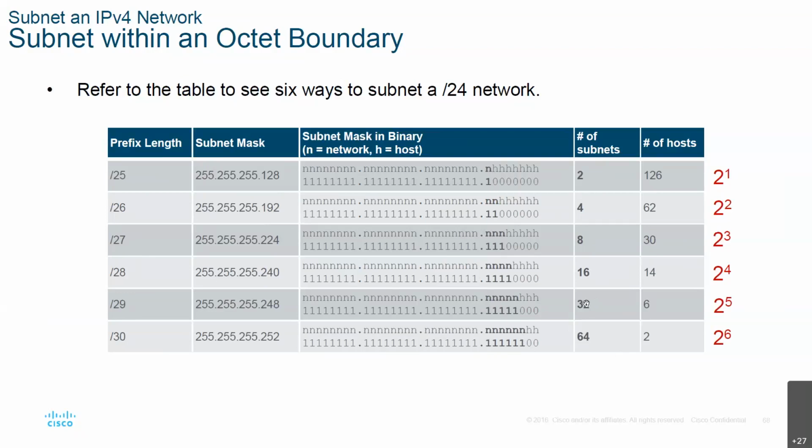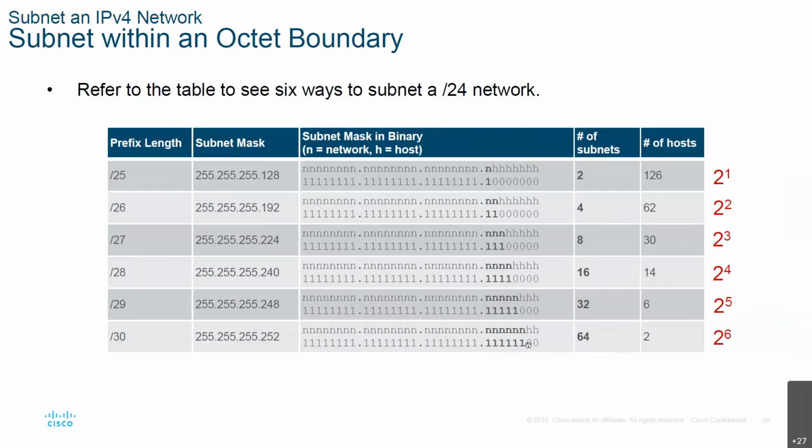But no matter how many subnets you have, all you have to do is count the zeros to calculate how many devices. Like here, 1, 2, 3, 4, 5, 6, 7. 2 to the power of 7 minus 2 means 126 devices. 1, 2, 3, 4: 2 to the power of 4 minus 2 means only 14 devices.